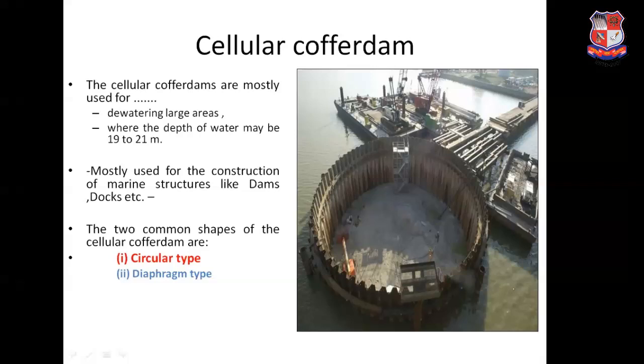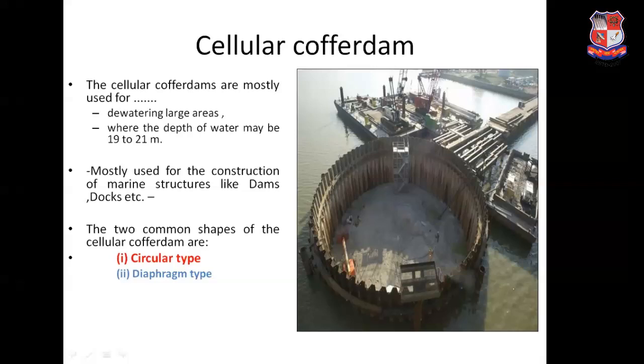Also, where the depth of the water in the water body is between 19 to 21 meters, in that case we also have to go for the cellular type cofferdam.